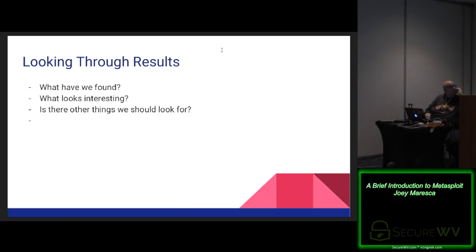Discovery. So we're getting into exploitation here. This is the one thing I get asked when working with junior level penetration testers: how do you figure out what you want to look at or go after, right?